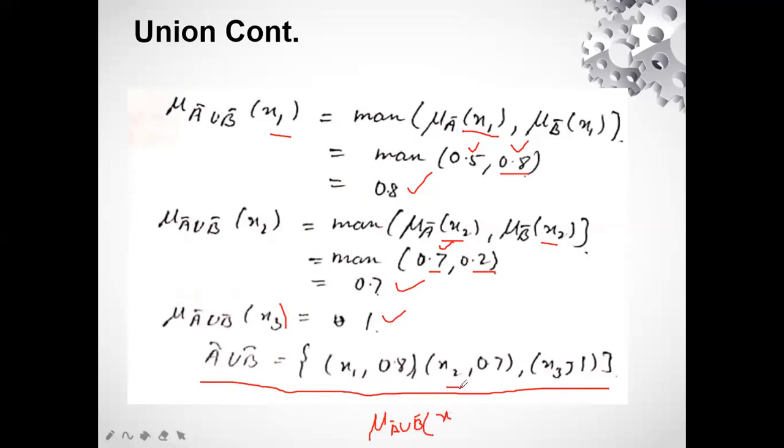It is talking about the x2 element. So x2, this x2 is not in subscript. Only a bar union b bar is the subscript. x2 is equal to what? It is equal to 0.7. So this is how we are going to write the membership function of a specific element of the set that it is asking about.